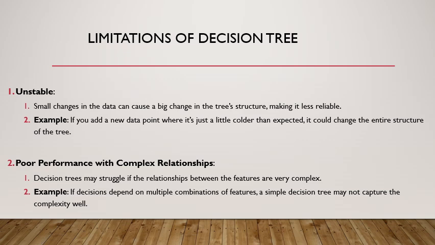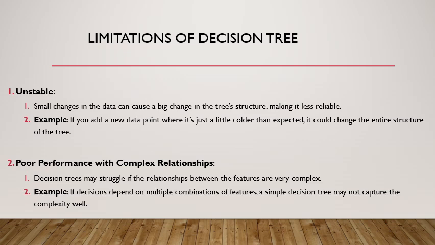Example, if you add a new data point that is just a little colder than expected, it would change the entire structure of the tree. Even if we add small data or a small error occurs, the whole structure of the tree will change, leading to improper results. This is about unstable.